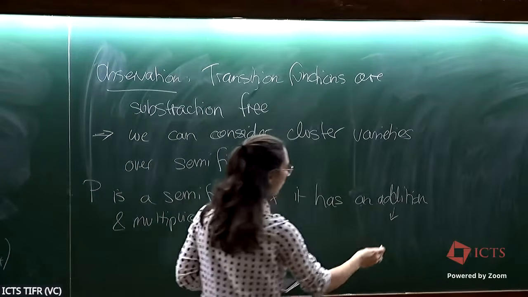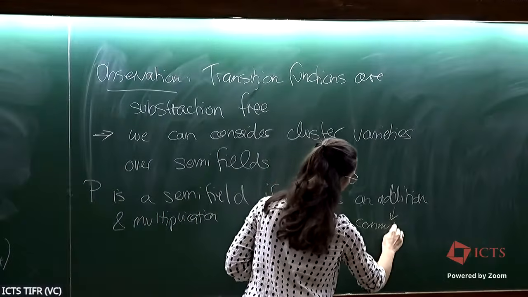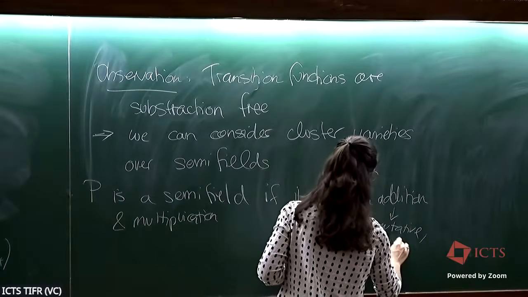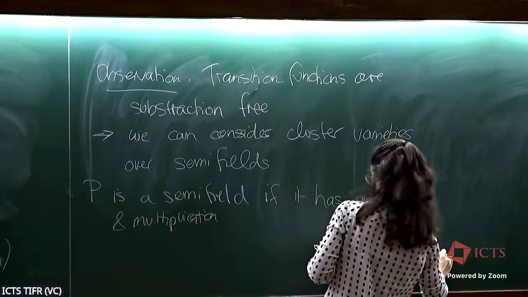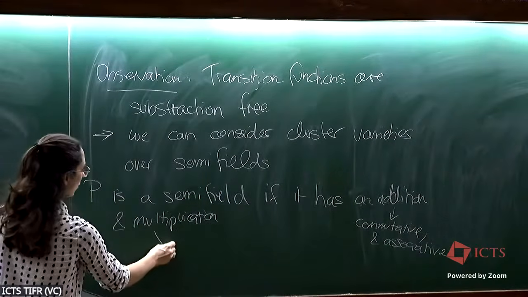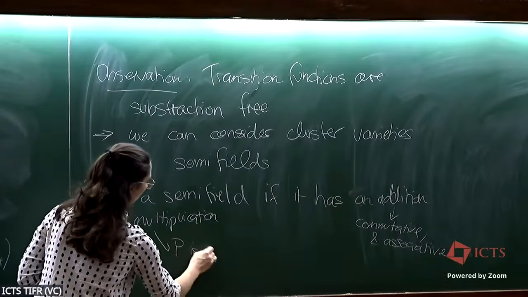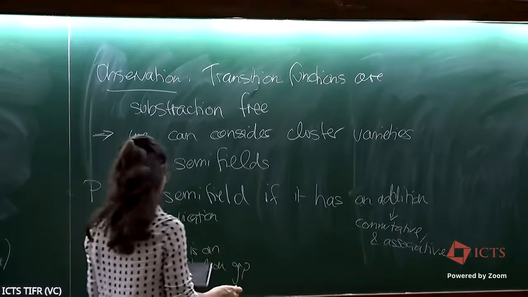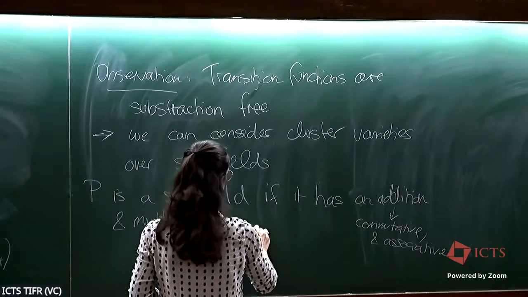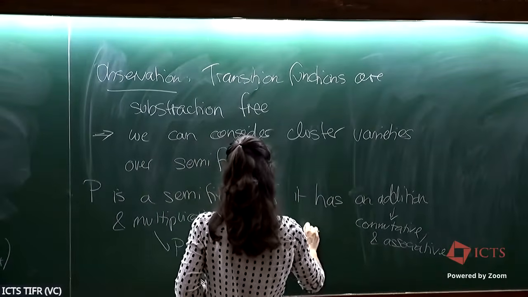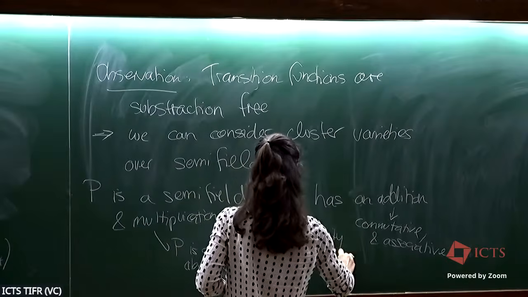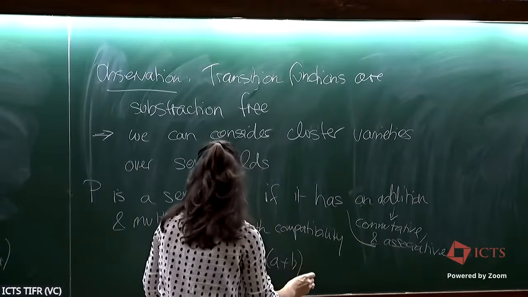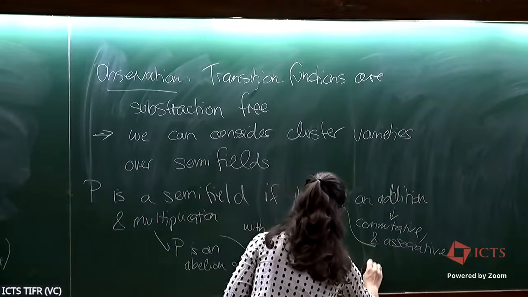Addition is commutative and associative, and multiplication is such that P becomes an abelian group. And then we have the compatibility: (A plus B) times C is AC plus BC.